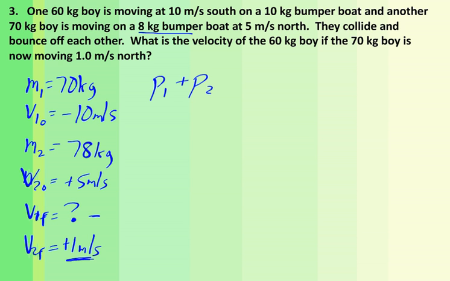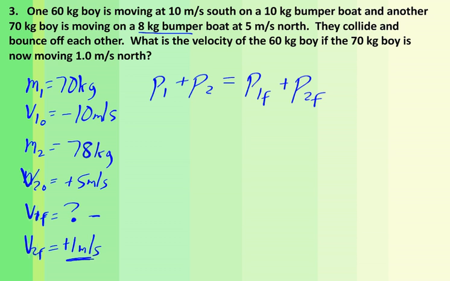Now they're bumper boats, they collided and they hit, but they didn't stick together, so it's not perfectly inelastic, and we don't know if it's elastic or inelastic. We would have to figure out the energy of the situation, but they do say separate from each other, so we would have that scenario.